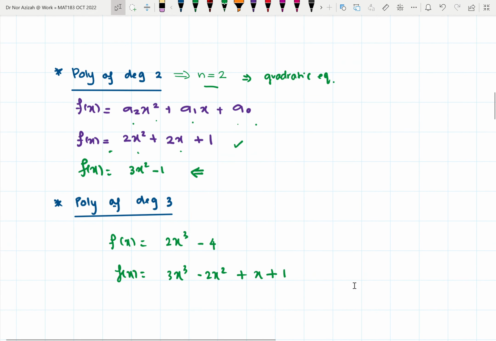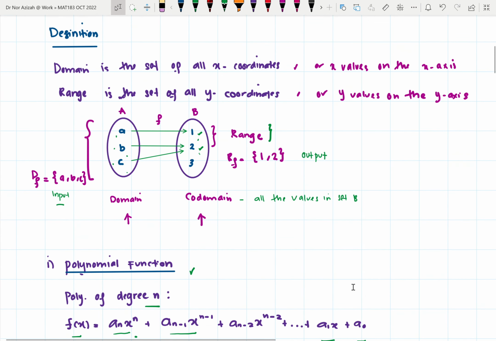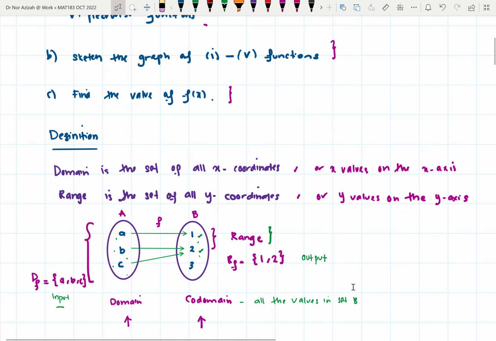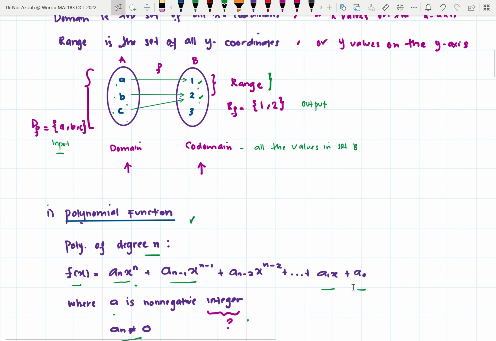So, based on this video, what you should know is the definition of domain, range, and codomain, and then the types of function, that is polynomial function.